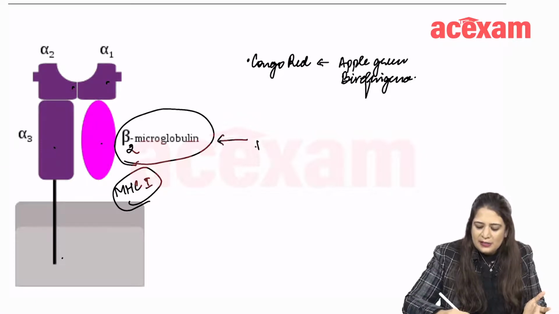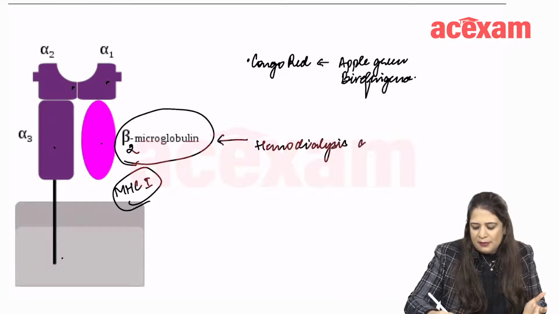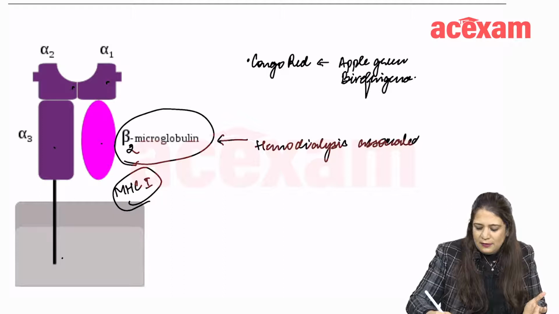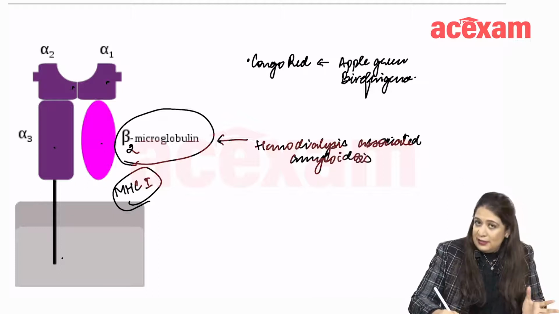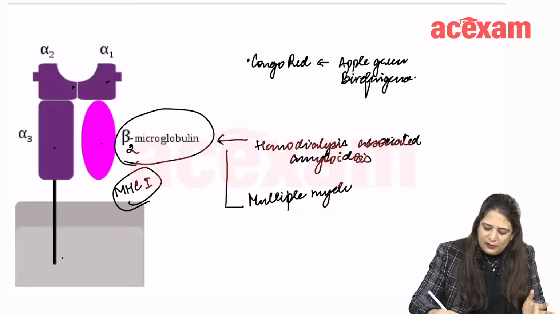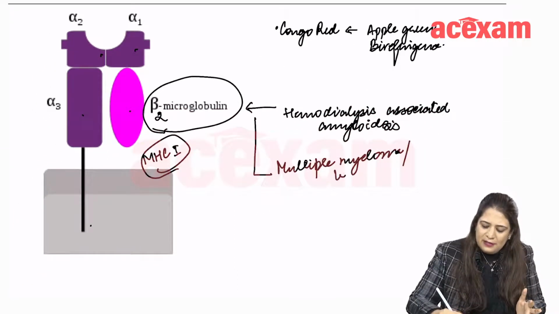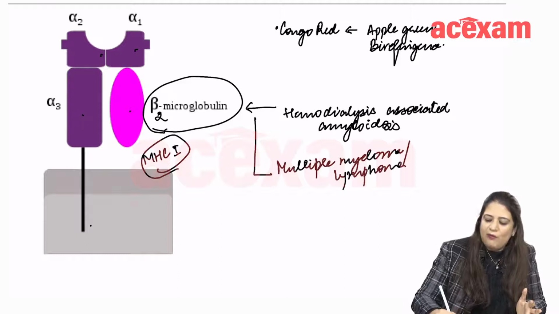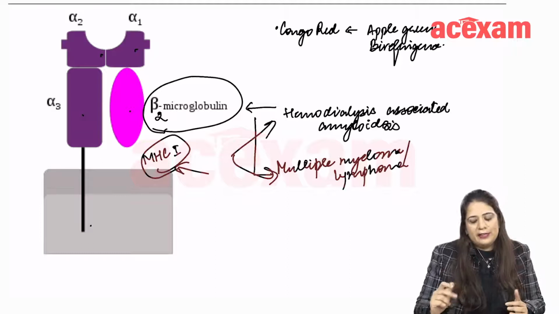And not only is it associated with hemodialysis associated amyloidosis, but this beta 2 microglobulin is used to prognosticate multiple myeloma. You must have heard in the staging, if beta 2 microglobulin is raised in multiple myeloma, it is associated with poorer prognosis, and even in certain other kinds of lymphomas. So you have heard this term here, and also in the MHC 1 molecule, right?